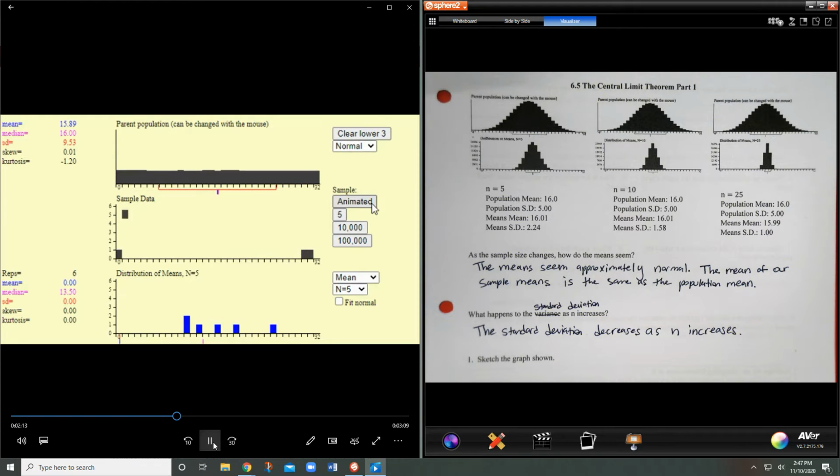As we take more and more of the samples, notice that we're not getting very many means of samples in the small end, and we're not getting very many means of samples in the large end either.